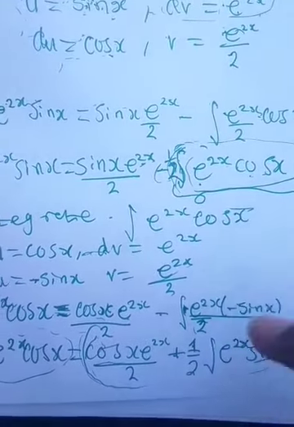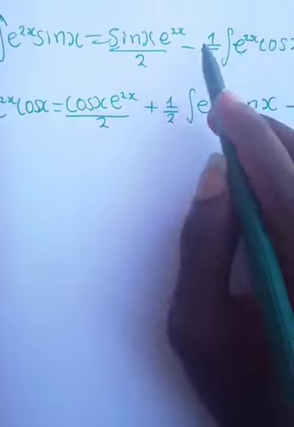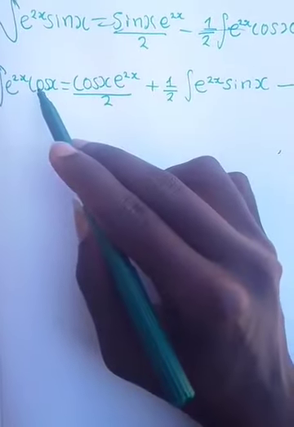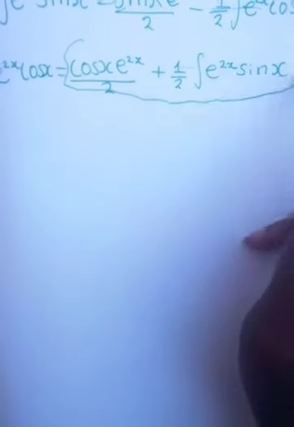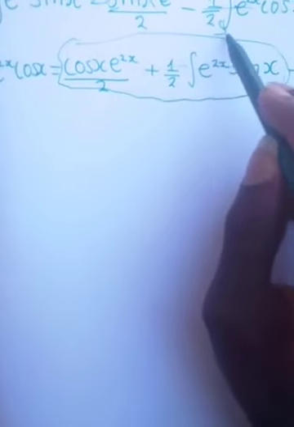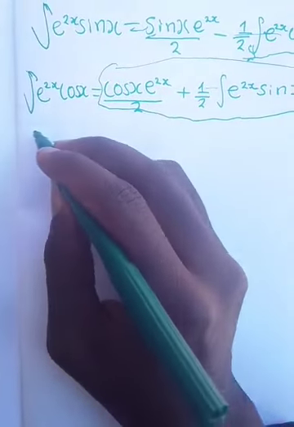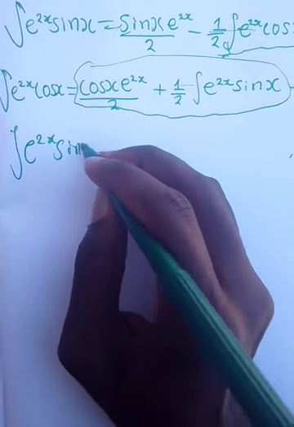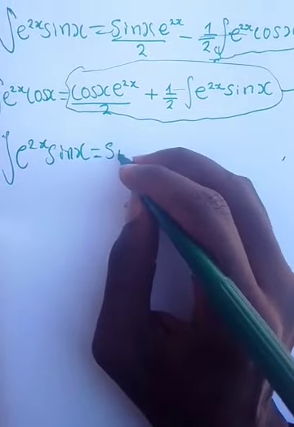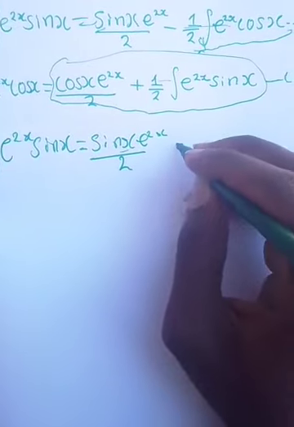So this is the first one that I found, this one here. This is the second one. So I'm just going to take everything that I have here and substitute it there. So it's going to be e^(2x) sin x is equal to sin x e^(2x) over 2 minus 1 over 2.